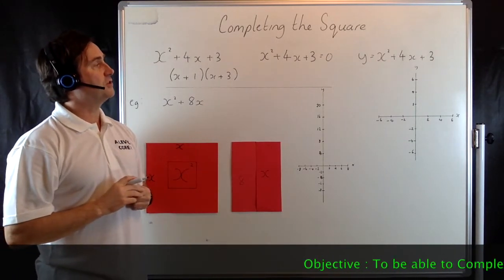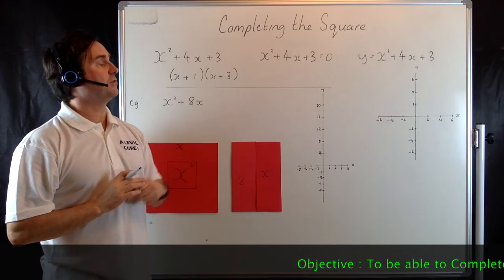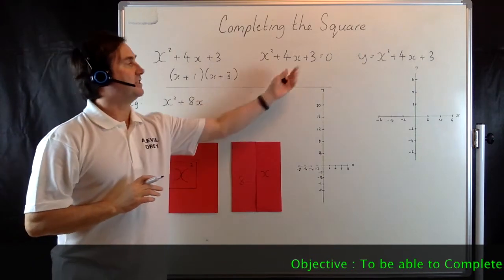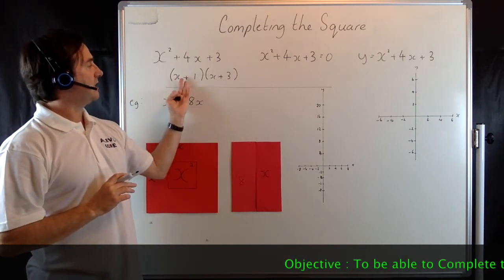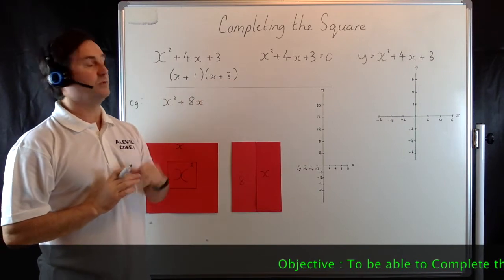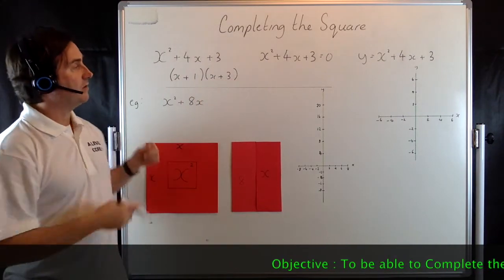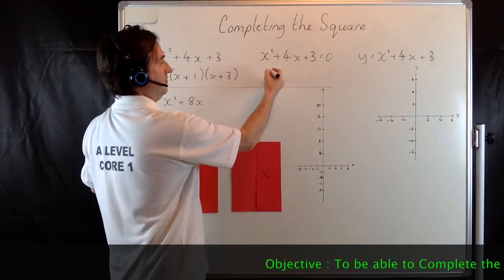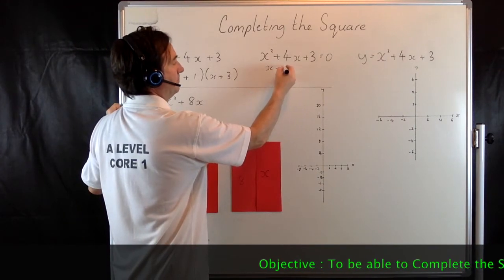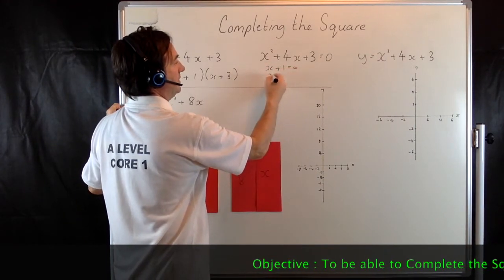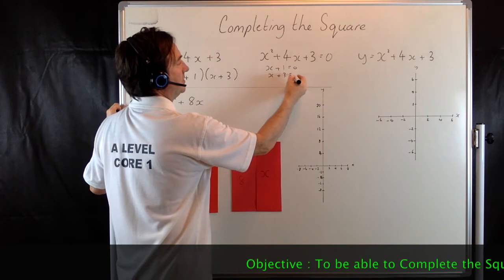This one here, I want to solve this equation. I've already factorised this part, so I know that x plus 1, x plus 3 is going to equal 0. So now I'm going to take x plus 1 equal to 0 and x plus 3 equal to 0.